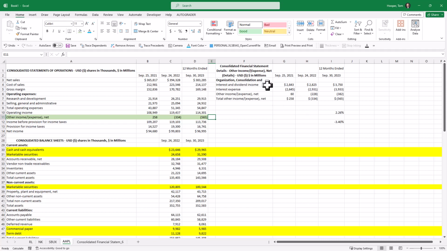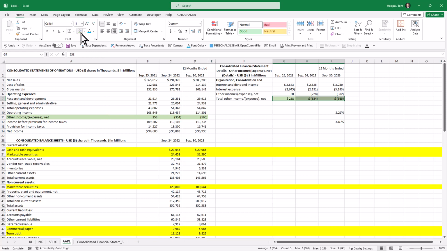Apple in their 10-K broke out interest and dividend income, interest expense, and then a much smaller number that oscillates between positive and negative and is never more than about 10% of the row above it. The total of those three items is what got reported over here on the green line.